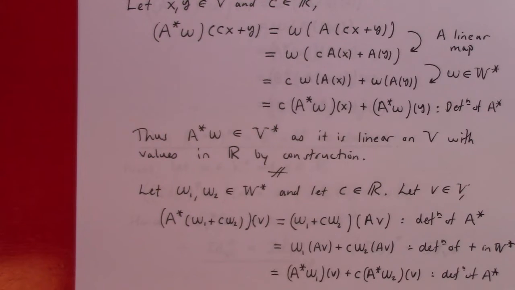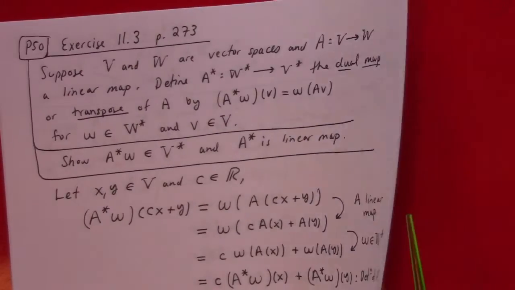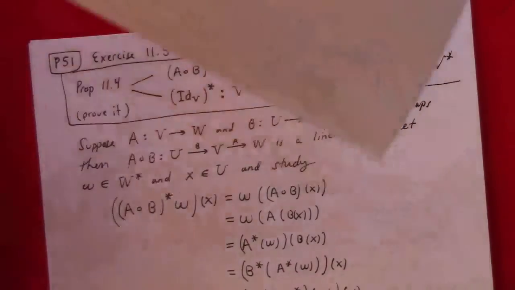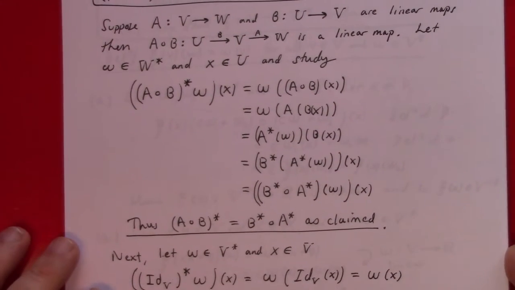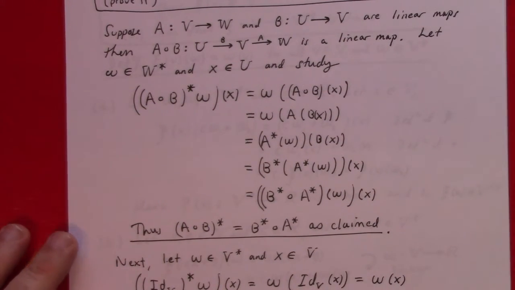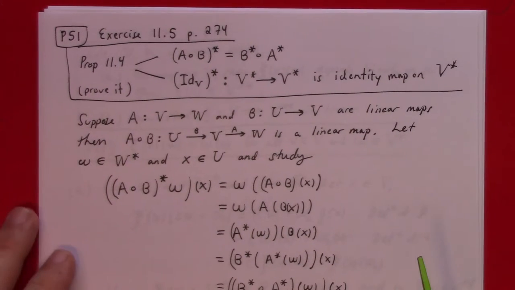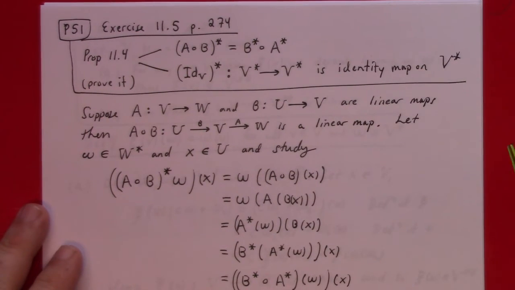It is in fact true that the matrix of the dual map with respect to these dual bases is the transpose of the matrix with respect to the original bases. That's kind of neat if you sort through it. That was not in your homework, but I've worked that out before. And then here we have the socks shoes property for the dual, which is true for these reasons.